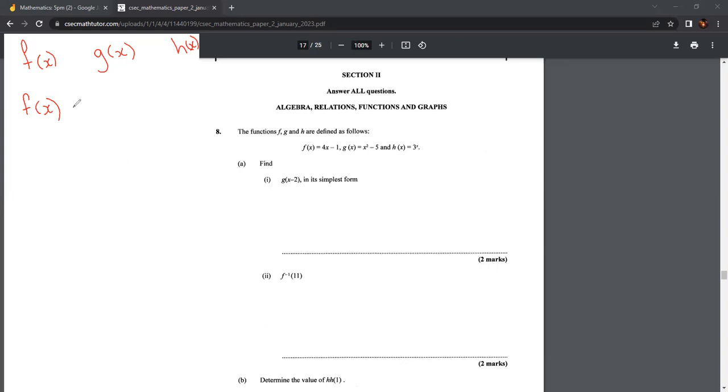So they told us that f of x is equal to 4x minus 1. They gave us g of x is equal to x squared minus 5, and h of x is equal to 3 to the power of x.